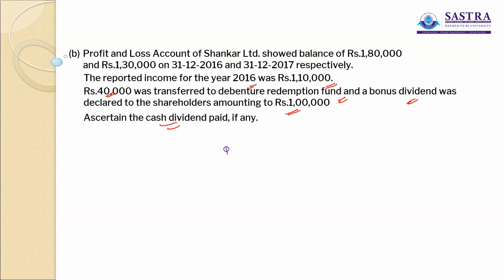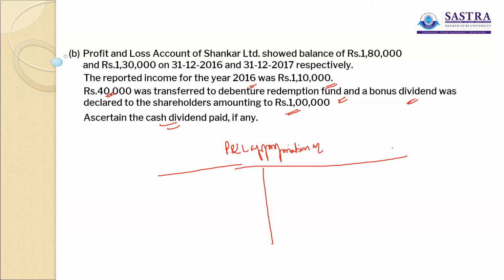So we'll prepare the P&L appropriation account. So by balance brought down, opening balance 1,80,000. To balance carried down, closing balance is 1,30,000.